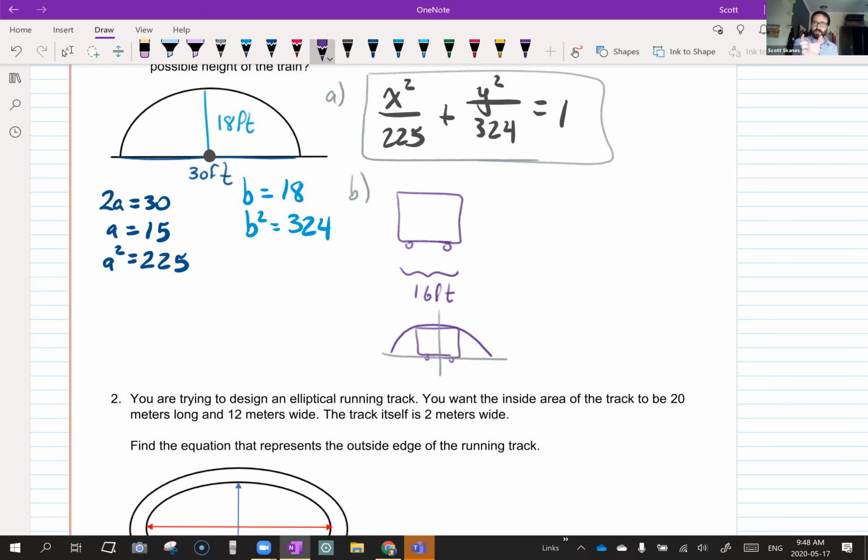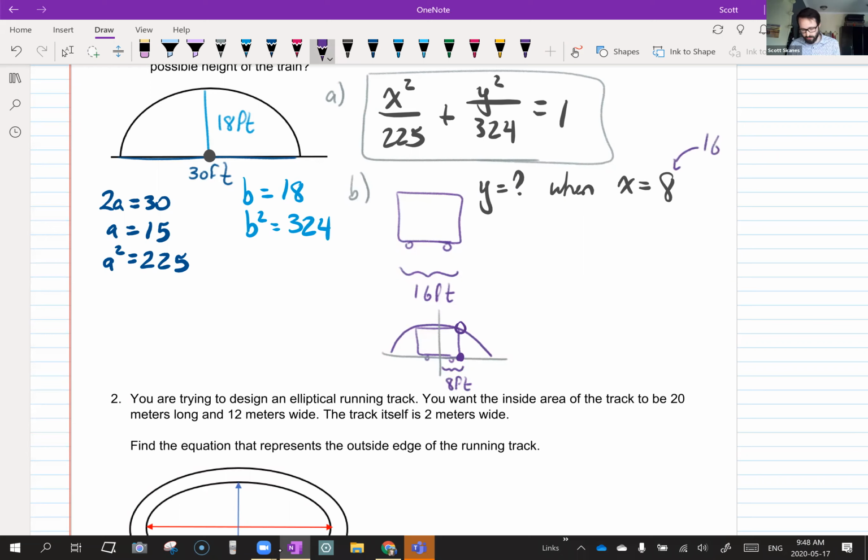We only need to check a point to the side. We need to check a point over by 8 feet. So we want to check over 8 feet and see what the height is. In other words, y equals something when x equals 8.